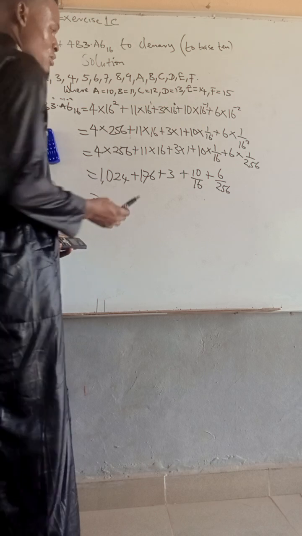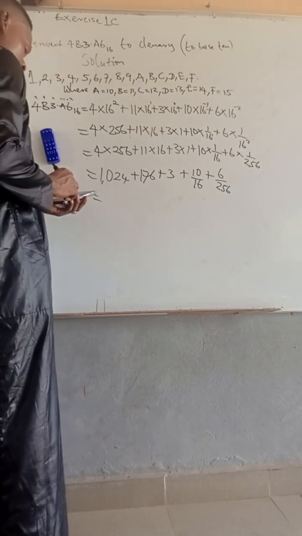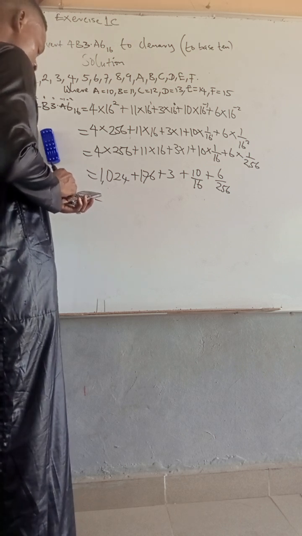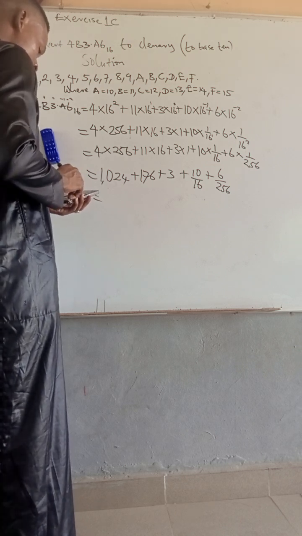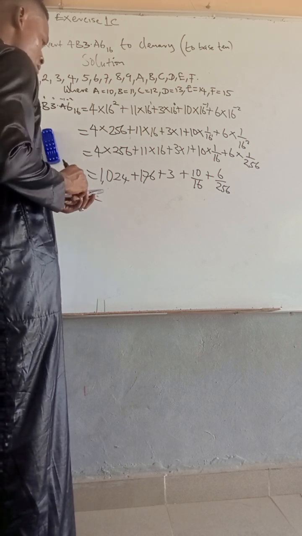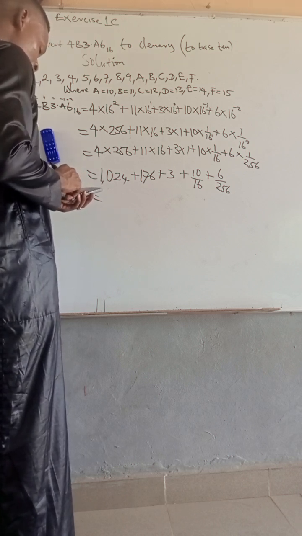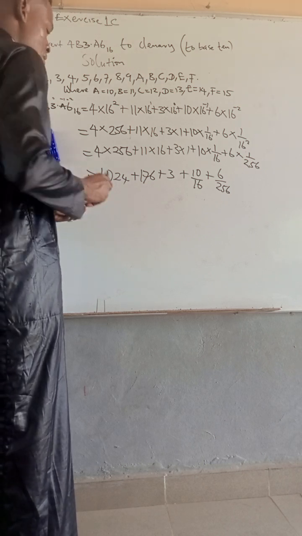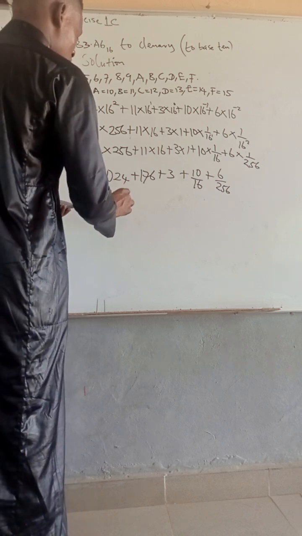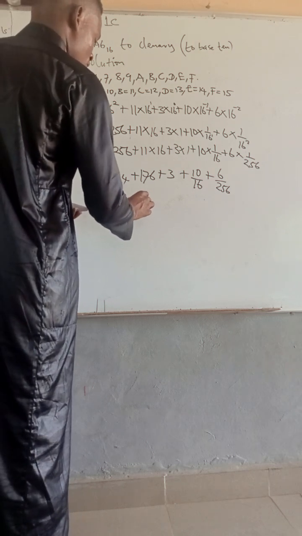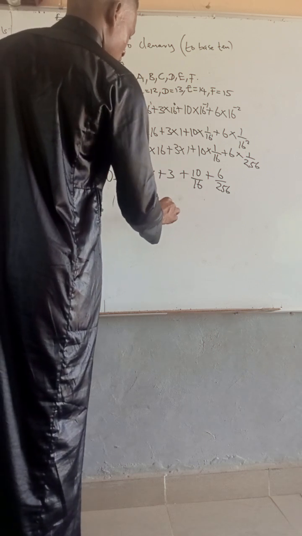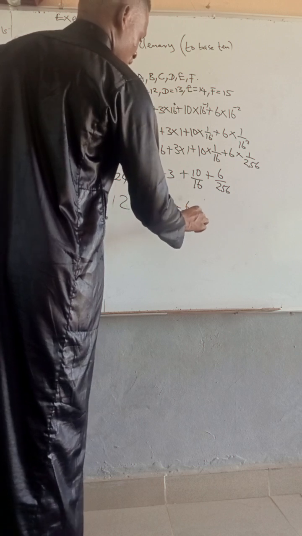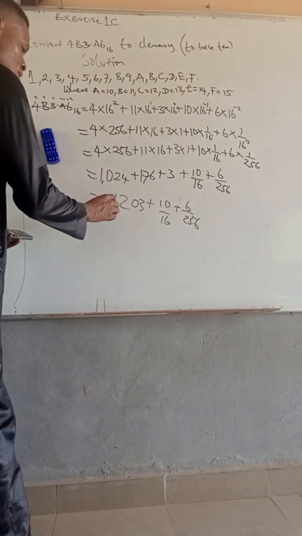So the next step is you add up these whole numbers first. You add 1024 plus 176 plus 3. You have 1203, plus 10 all over 16, plus 6 all over 256. Then you have to add.